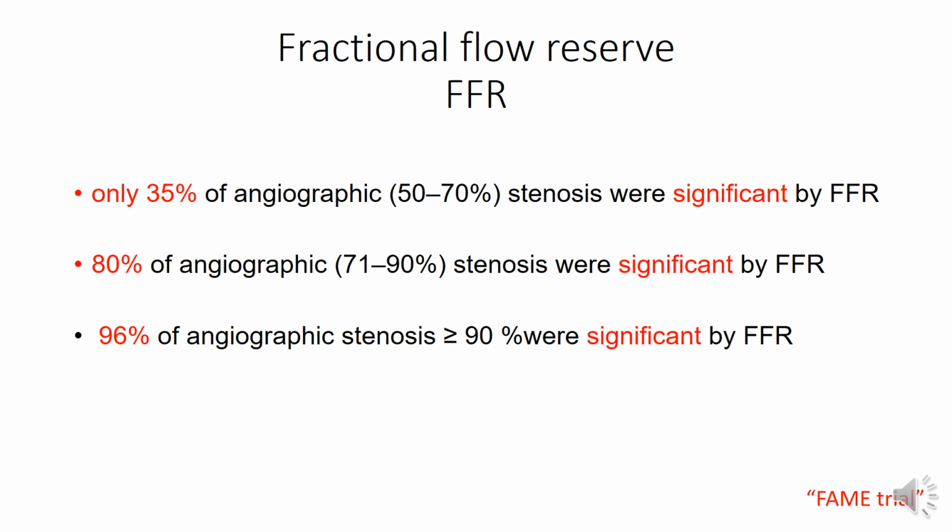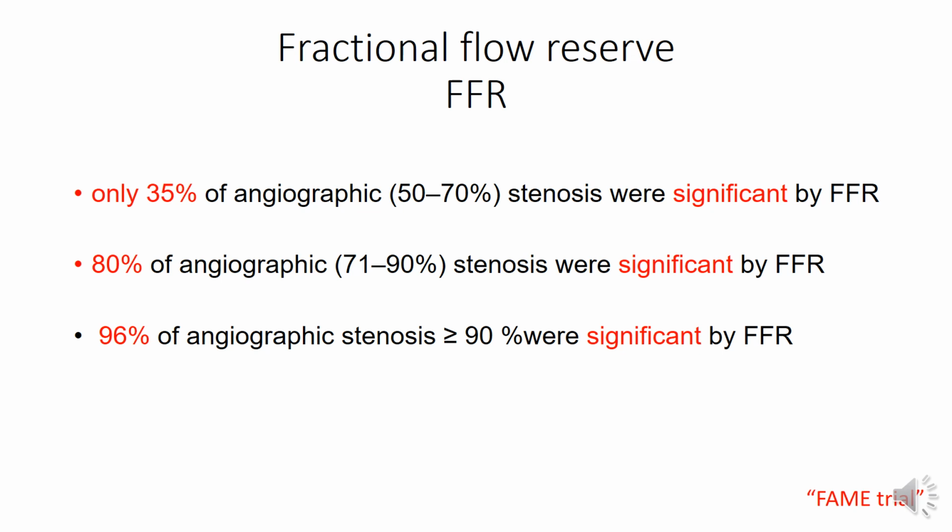For a lesion of 50 to 70% by angiography, which is a moderate lesion, only 35% become significant when we have an FFR measurement of such a lesion. On the other hand, a lesion of more than 70 to 90% by angiography is significant in 80% of cases by FFR also.